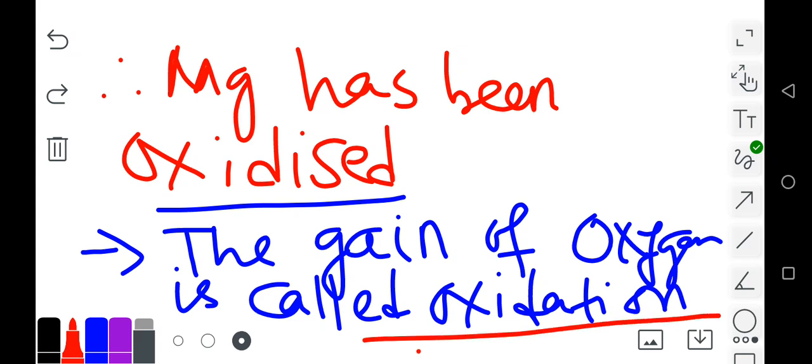The gain of oxygen, when oxygen is added onto a substance, makes an oxide of that thing, and we say that the substance which has gained oxygen is now oxidized, and therefore that process is what we call oxidation.